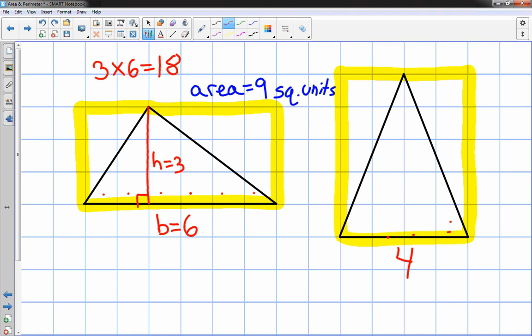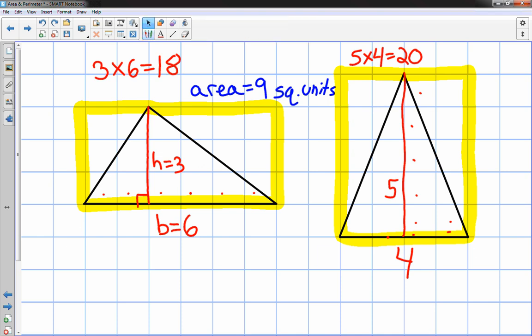Straight up to the peak. 1, 2, 3, 4, 5. It's 5. So what's 5 times 4? It's 20, but that's for the rectangle. So you want to cut that in half. What's half of 20? It's 10. So the area is equal to 10 square units. Ran out of paper there.